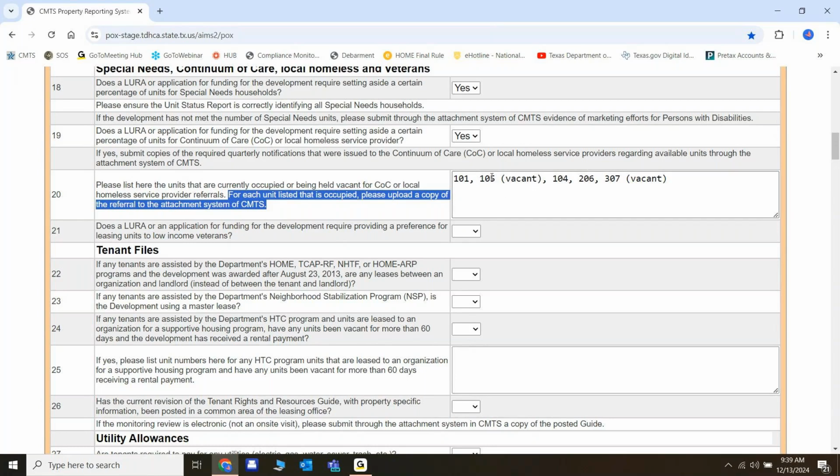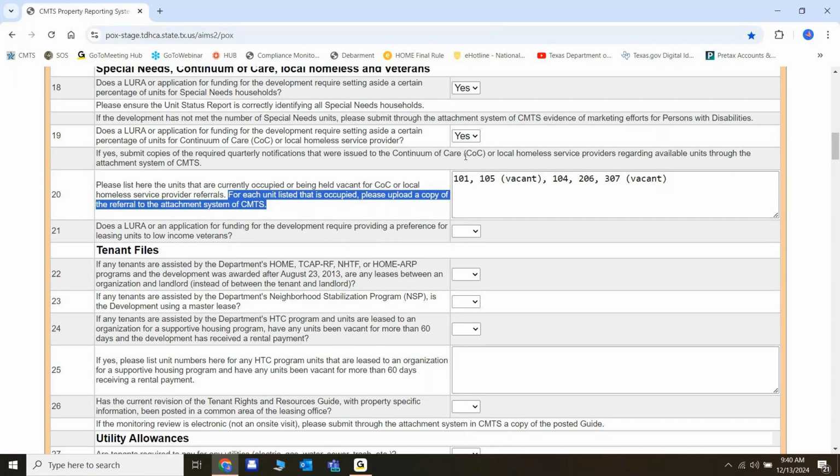For the vacant ones, you're just letting us know, hey, look on my unit status report, 105 is vacant. It is vacant because I'm holding it vacant to meet this requirement. But here's my referral for 101, 104, 206, and 307. Check my unit status report. It is vacant. So that is how you would fill that out if you have this requirement.